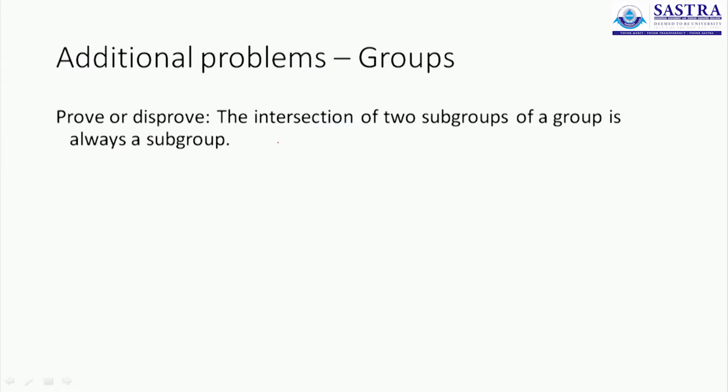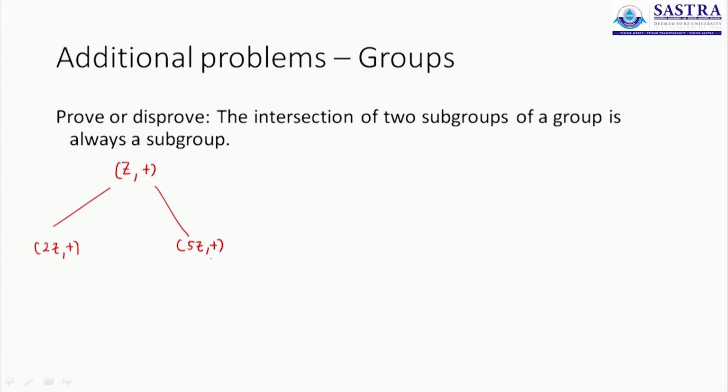I'm not proving it using an example, I'm going to explain it using an example. Let's take one example with the set of all integers under addition. It has many subgroups, out of which let's consider two subgroups, one involving all even numbers and one involving all multiples of 5.